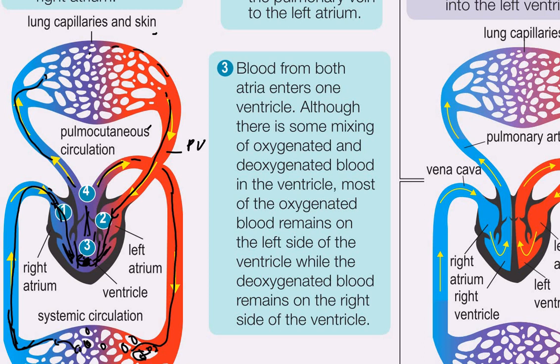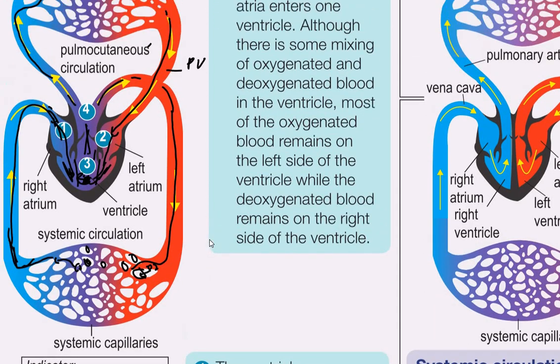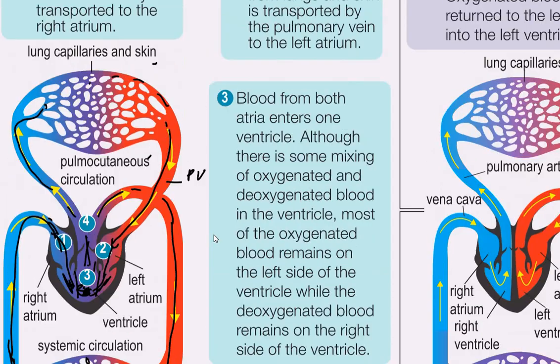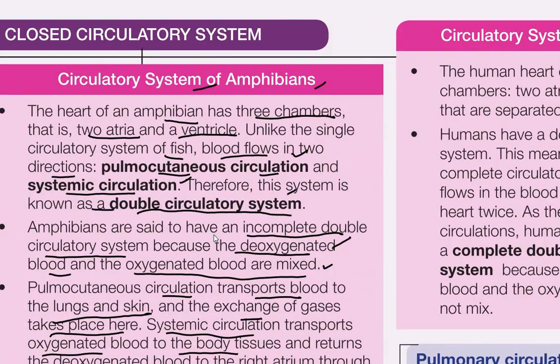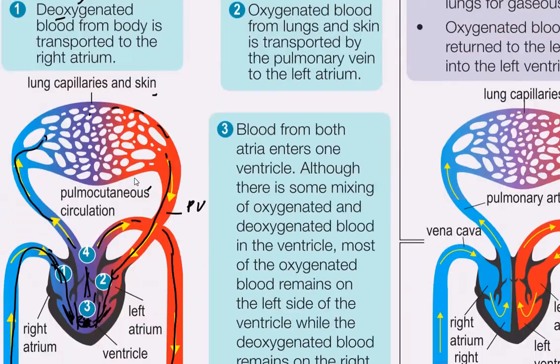So this process will keep on continuing, so that the frogs will get enough oxygen and can remove the waste product from their cells. So that's the circulatory system of amphibians.